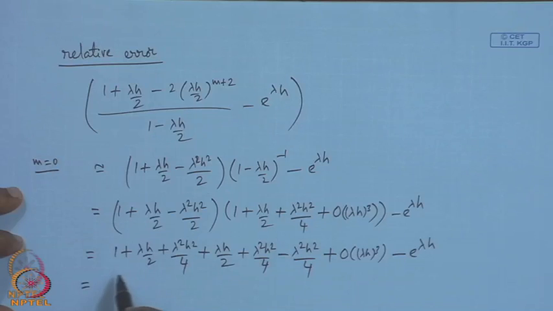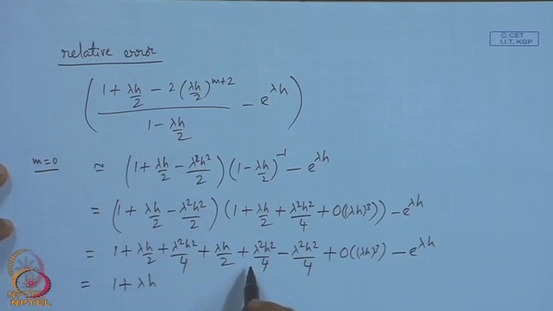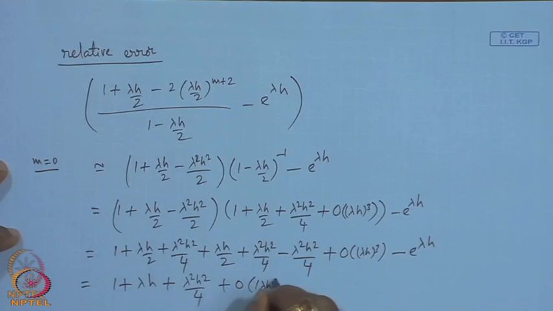So, this is 1 plus these two terms, so lambda h, then from these two terms, one gets cancelled and we are getting 4 plus minus.